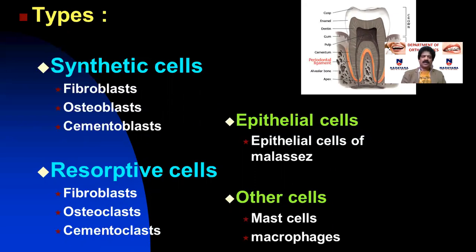These are the synthetic cells, the bone forming cells. For the resorptive cells, you again have fibroblasts, plus osteoclasts and cementoclasts. Here you have osteoclasts and cementoclasts, and here you have osteoblasts and cementoblasts. That's the difference.